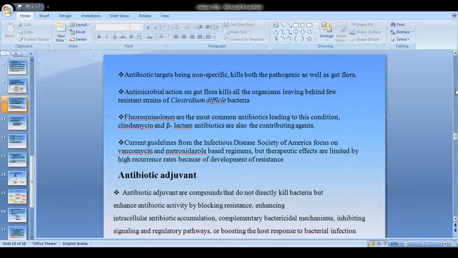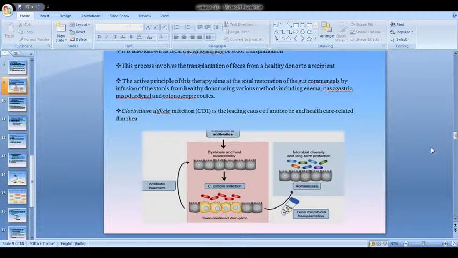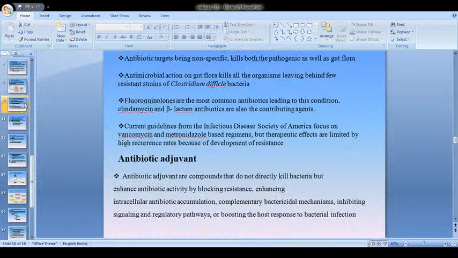And the antibiotics most commonly used in this condition are fluoroquinolones, the most common antibiotics leading to this condition, and clindamycin and beta-lactam antibiotics are also contributing agents. And now these Clostridium difficile bacteria strains grow unchecked, and commonly used antimicrobials lead to pseudomembranous colitis.